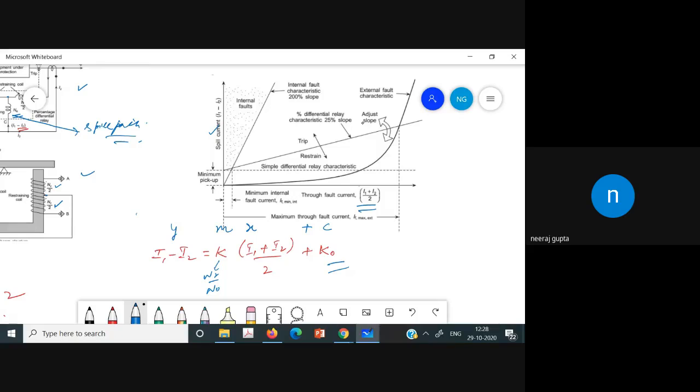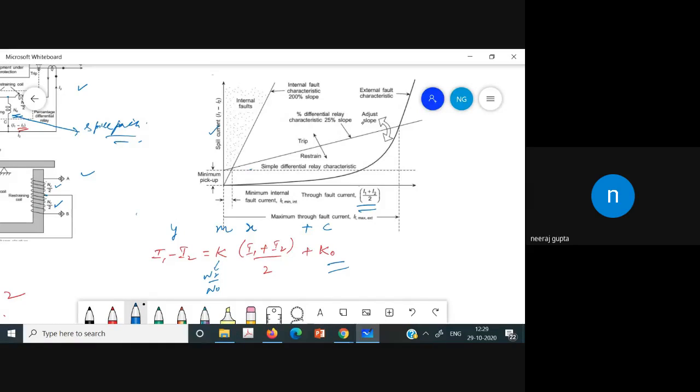And this slope is decided by the number of turns of the restraining coil divided by the operating coil. So this is the characteristic of a simple differential relay, and this is the external fault characteristic that we have also discussed in the previous lecture.